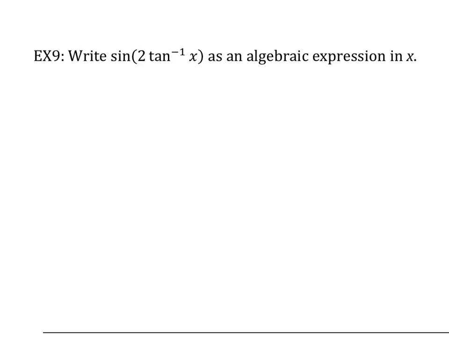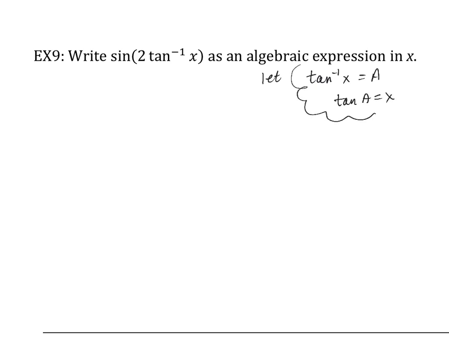In this one I'm being asked to take the sine of 2 times the arctan of x, and I'm just trying to simplify that down. Often when we have expressions with an inverse, it's helpful to give ourselves another variable. So I'm going to let arctan of x be equal to a, so that means that tangent of a would be equal to x.